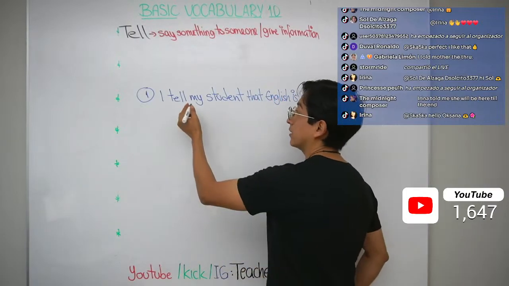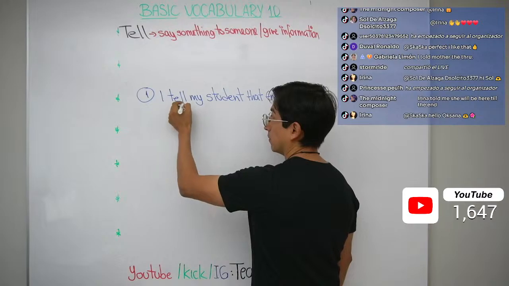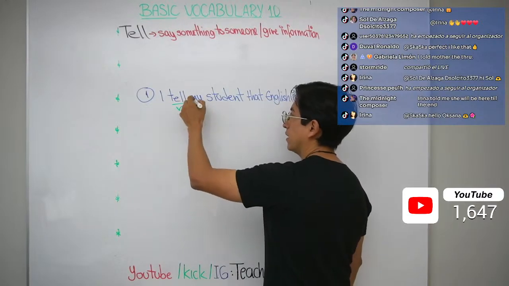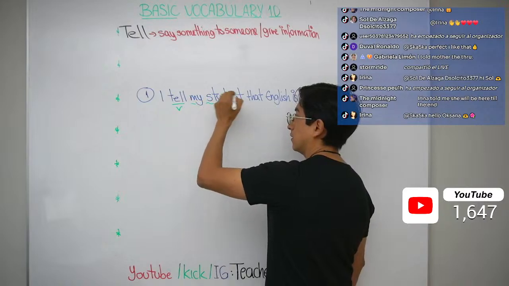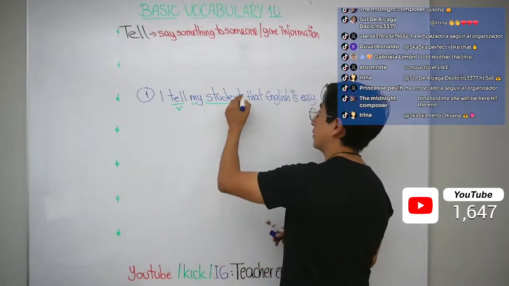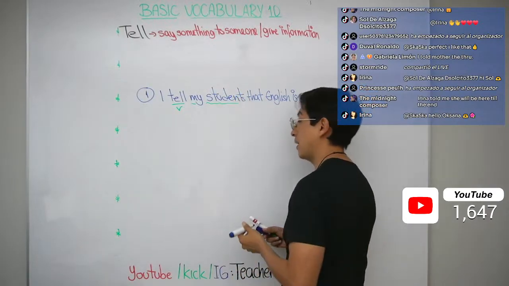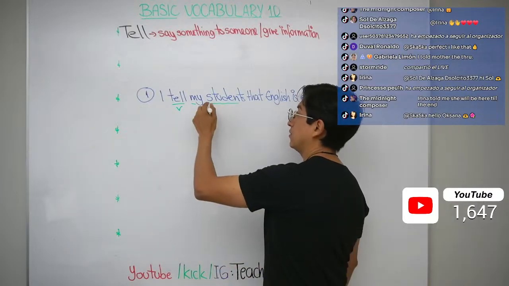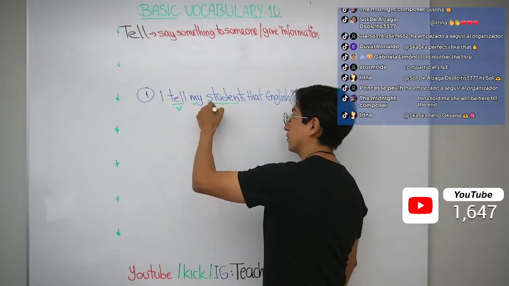Okay. Now, look at this. We have the verb and we have this, my students. Okay, sorry, I missed the letter S here. I tell my students that English is easy. Okay, look at this. This is the object.